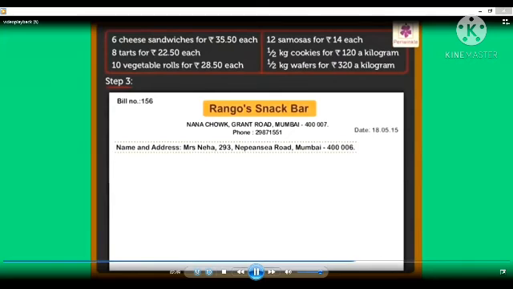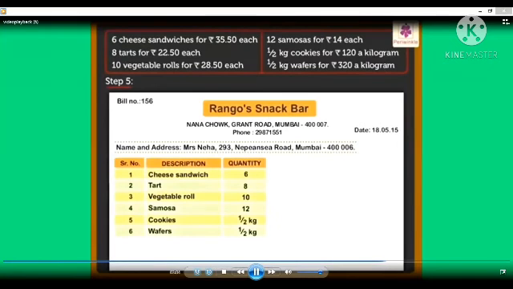Step 3. Write the date on which the items are sold. Step 4. Now, write the serial numbers of the purchased items. Step 5. Write the name and quantity of items purchased. Step 6. Now, write the price per unit of the items purchased.